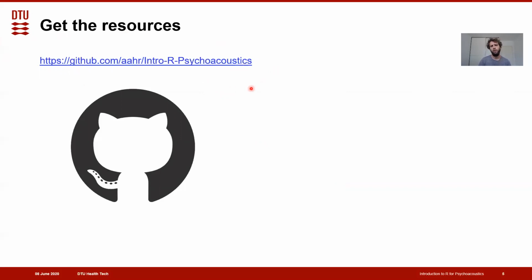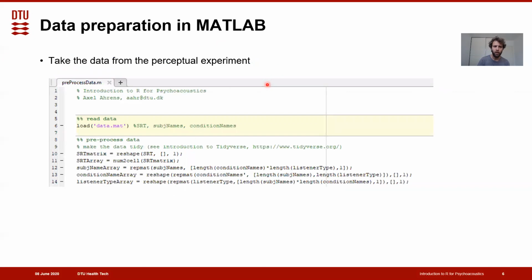So you can either download it or try to code along with me. The MATLAB code I will not code live, but I will try to do this with the R code so that you have the chance to just code along, because I think that's the best way how you can learn to code yourself. Let's start with MATLAB. So we have to prepare the data in MATLAB.